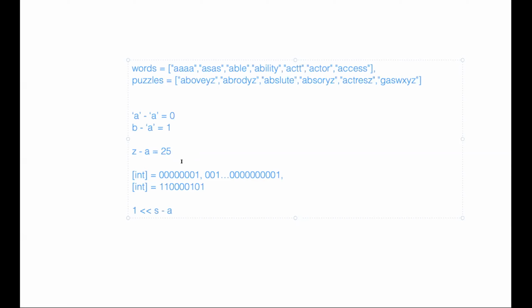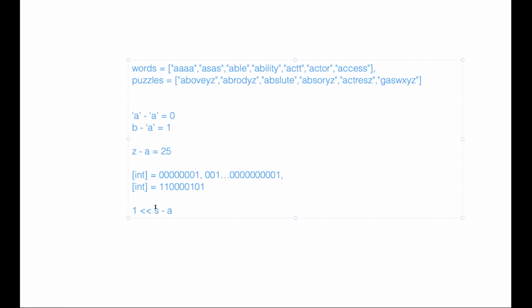Now what I can do is, the constraint is the first letter of the puzzle should match the word, correct? Yes. The first letter of the puzzle should be present at any ith character in the word. Okay. So what we can do, we can take the first letter of the puzzle.